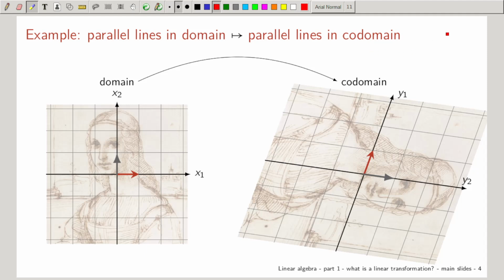This one. Is this one a linear transformation? Yes, no, I do not know. Discuss.